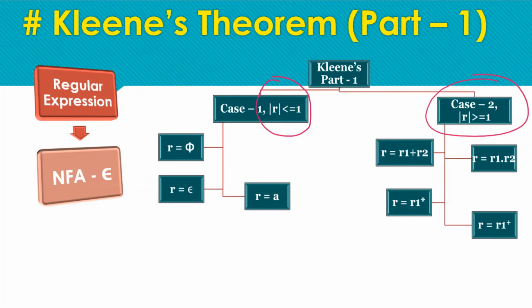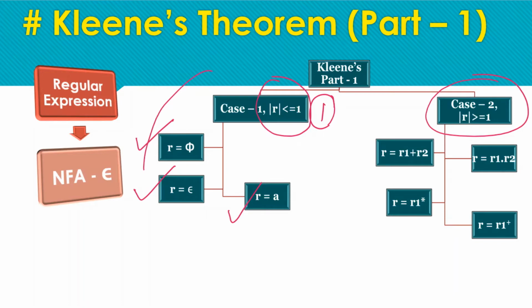If the length of the expression is less than or equal to 1, then we have case number 1. This is the base case, covering when the regular expression is phi, when it is null, or when it has only one input symbol.